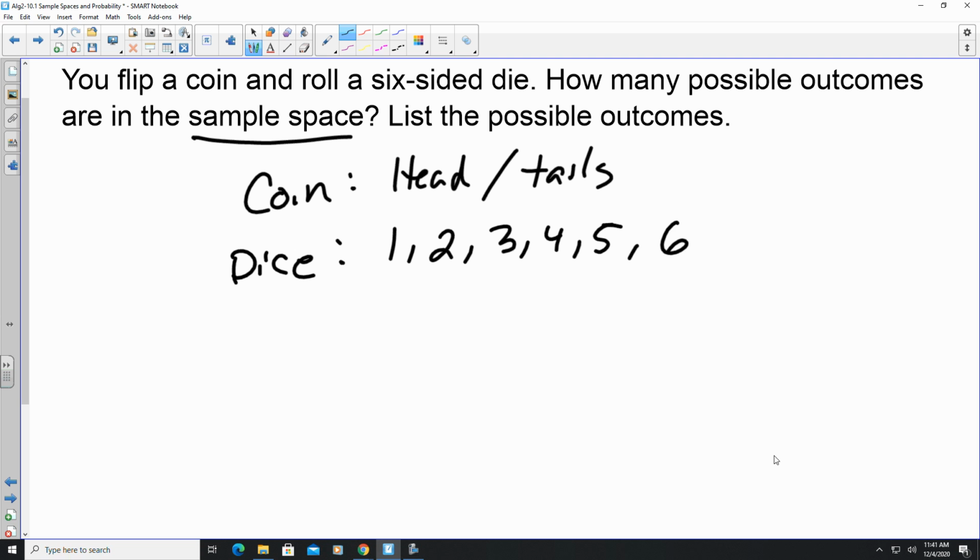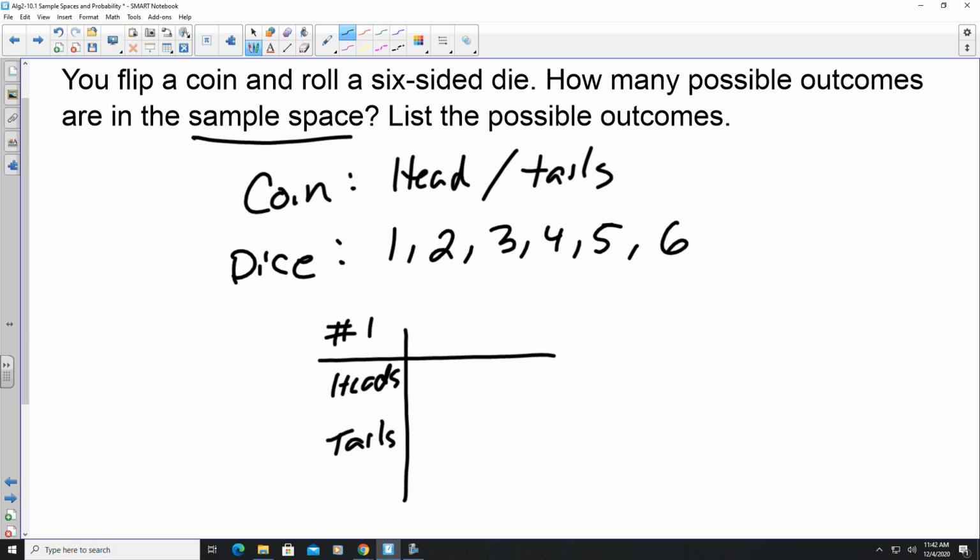There's several different ways that you can create a sample space. Here's one way. I'll make a little chart here and say, all right, option 1 is you're going to flip a coin. So what are the different outcomes? You can either have heads or you can have tails.